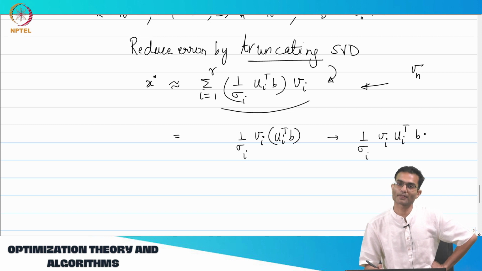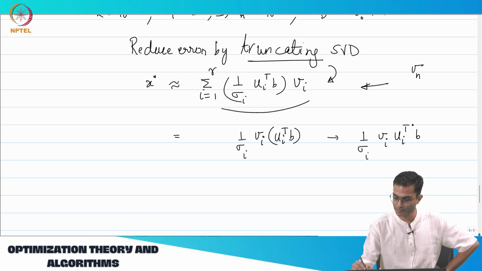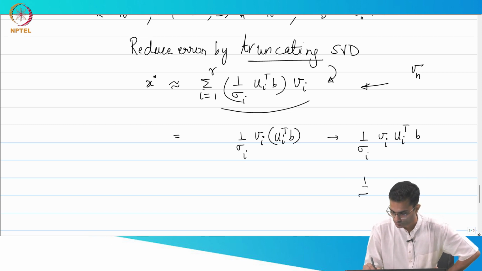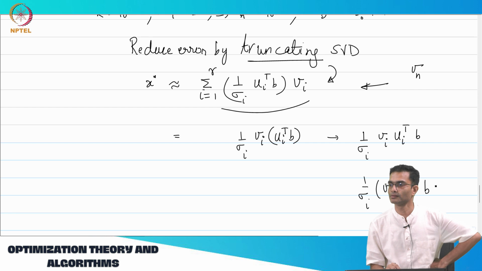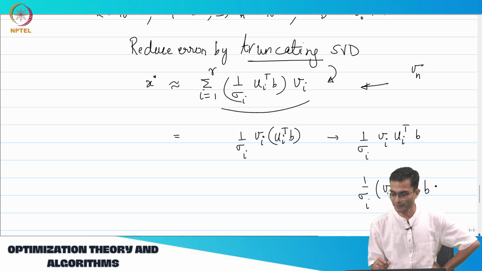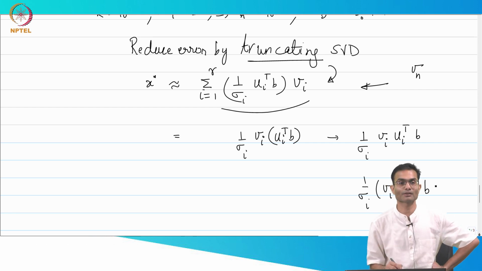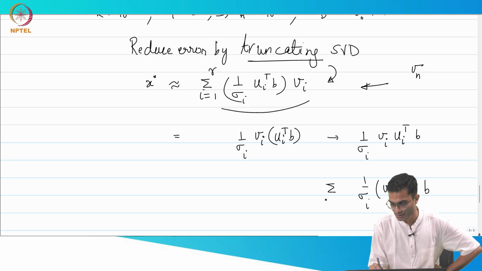Now can I reinterpret this? Can I put a bracket like this now? Is it legal? It's perfectly legal. Now what is the meaning of this now? So I've written my solution, i equal to 1 to r, x is equal to this.